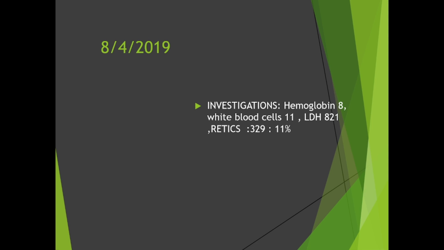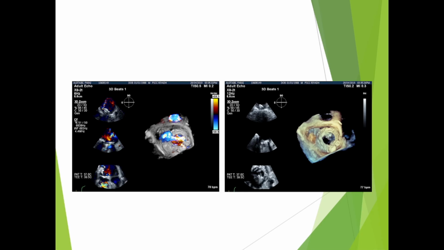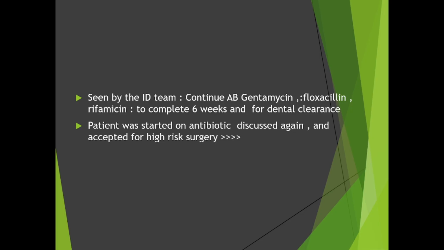There is an element of hemolysis, the LDH is high. So what is going on here? So seen by the ID team as usual, we started on 4 antibiotics, and the patient was discussed in a combined meeting and accepted for a very high-risk surgery.